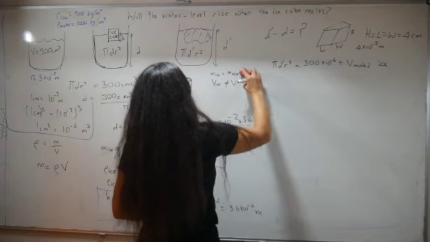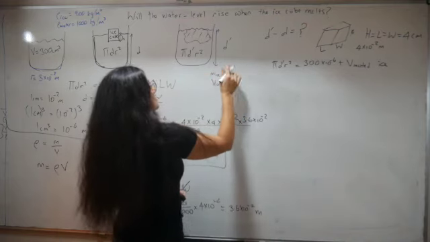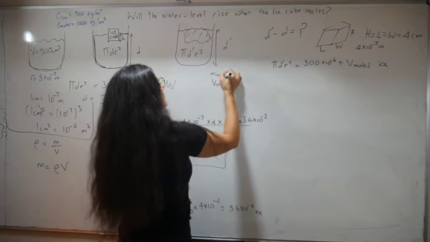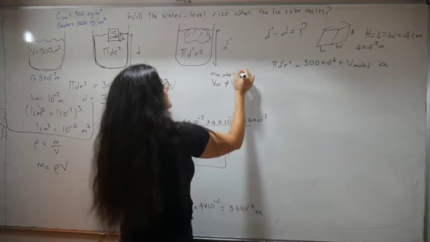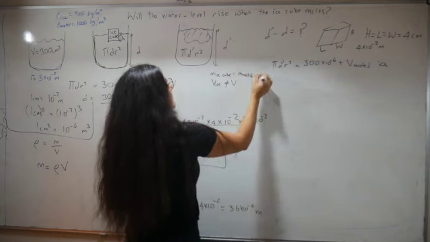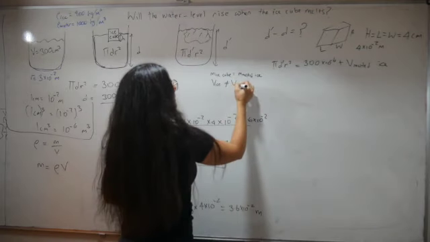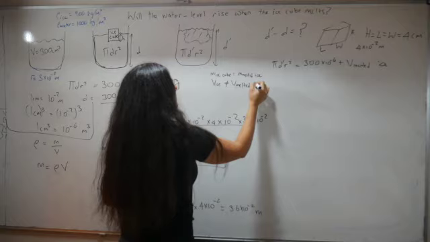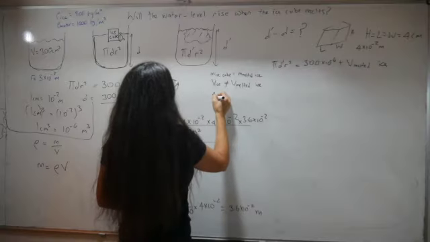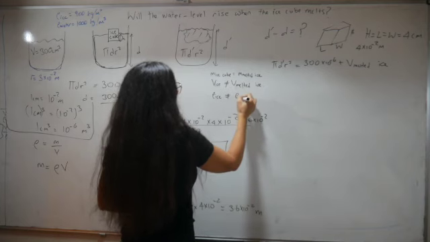I want to be totally clear. So the mass of the ice cube is the same as the mass of melted ice. The volume of ice is not the same as the volume of melted ice. The density of ice is not going to be the same as the density of melted ice.